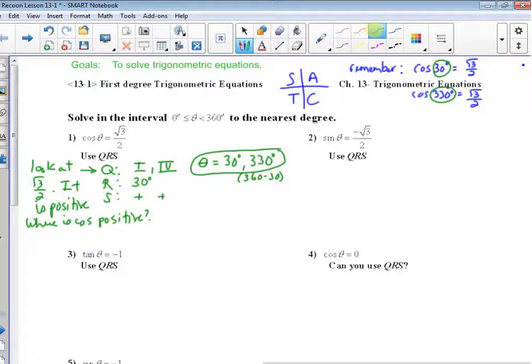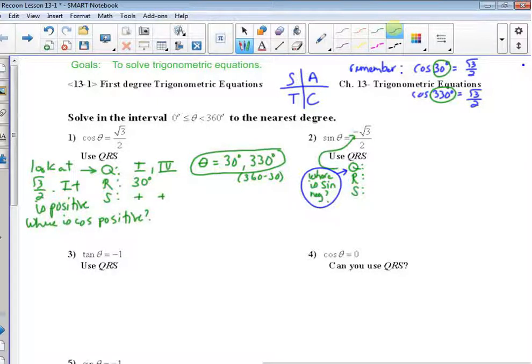All right, now if I say sine theta equals negative radical 3 over 2, so again I'm looking at the quadrant, reference angle, sine. So I'm looking at the negative. To get that quadrant, I look at the negative. Okay? So where is sine negative? That's what I'm asking myself to get the quadrant.